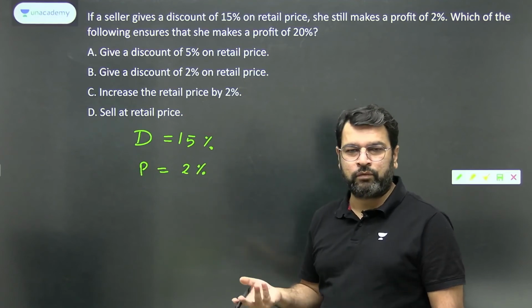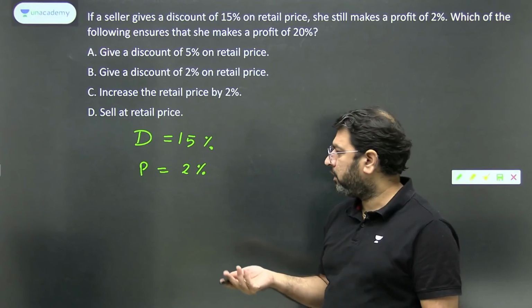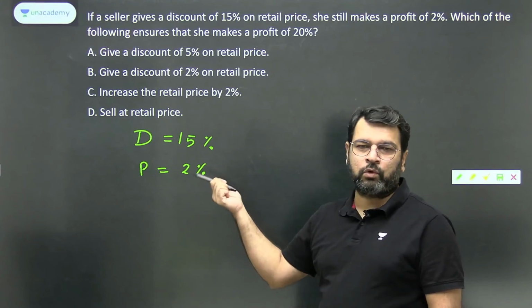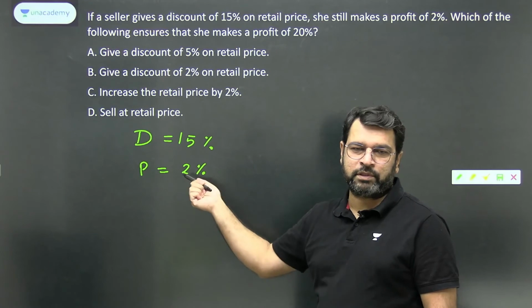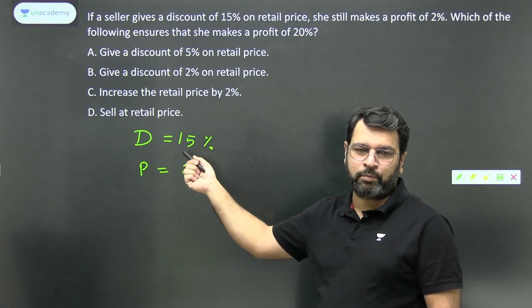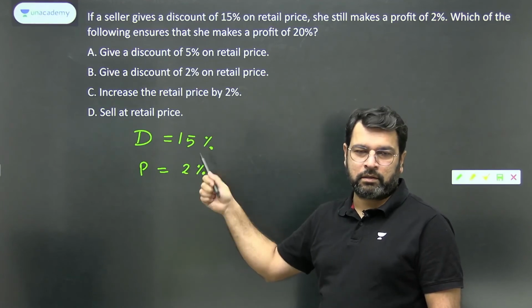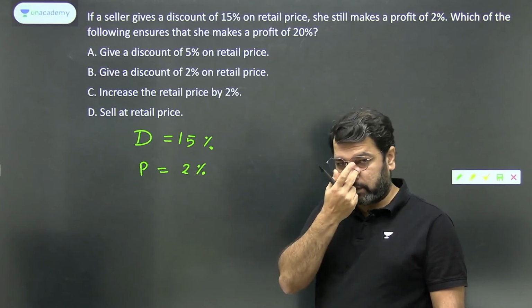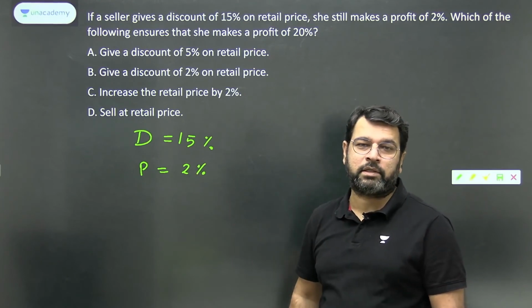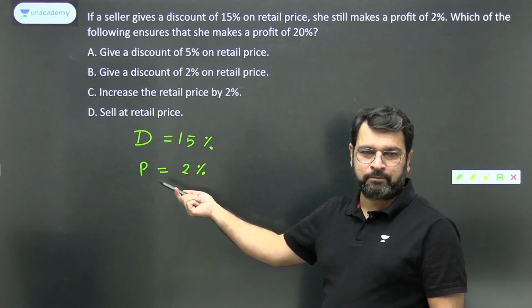We can solve this using multiple methods, right? Which we have already done in the class. है ना? First method can be assume cost price, then using profit percent you can find the selling price, and then discount on the mark price, that is 0.85 of mark price should be equal to that selling price 102, and you can find the markup price in that case, and then find the logic, right? Or you can use multiplying factor, right?